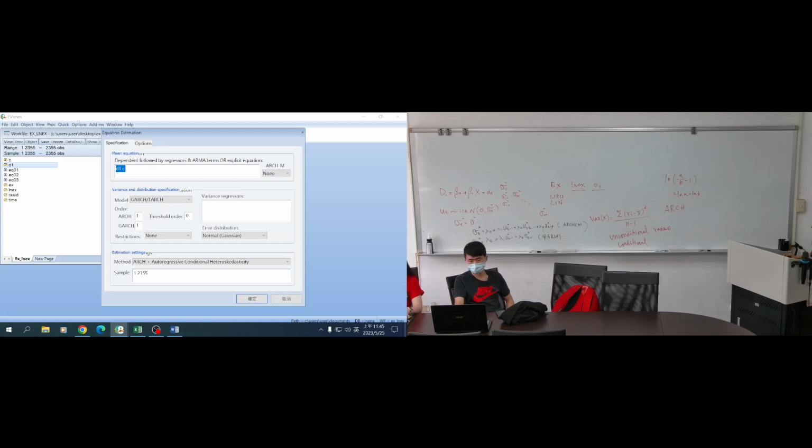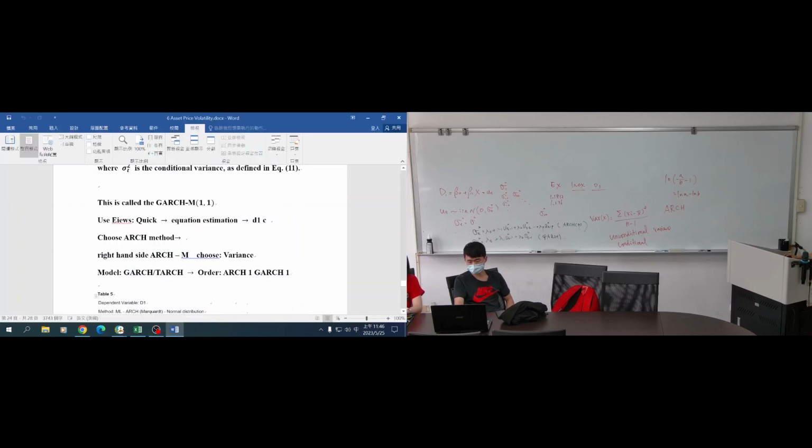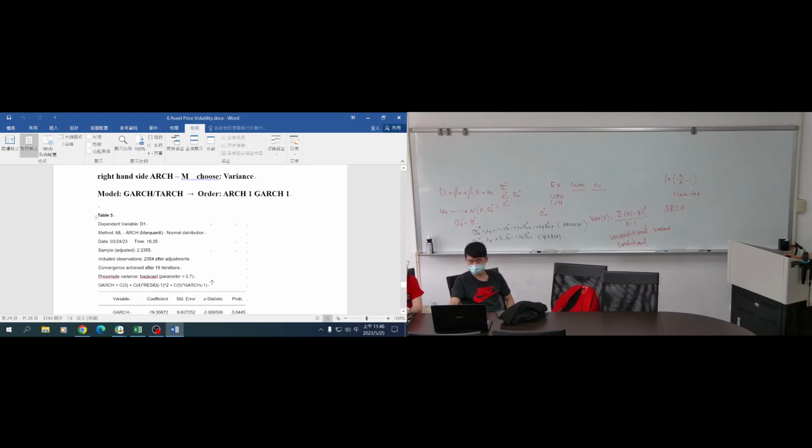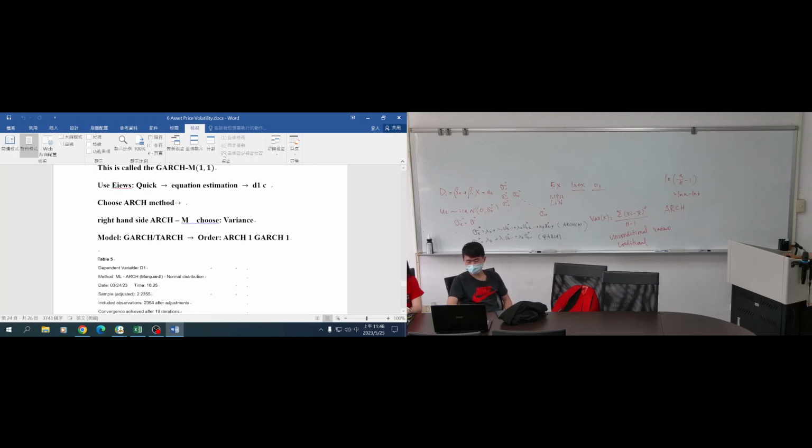Since this is an extension of the GARCH, here I'm still using 1, but here I'm using the variance. Did you see that? ARCH-M, choose variance. Then what do I have?